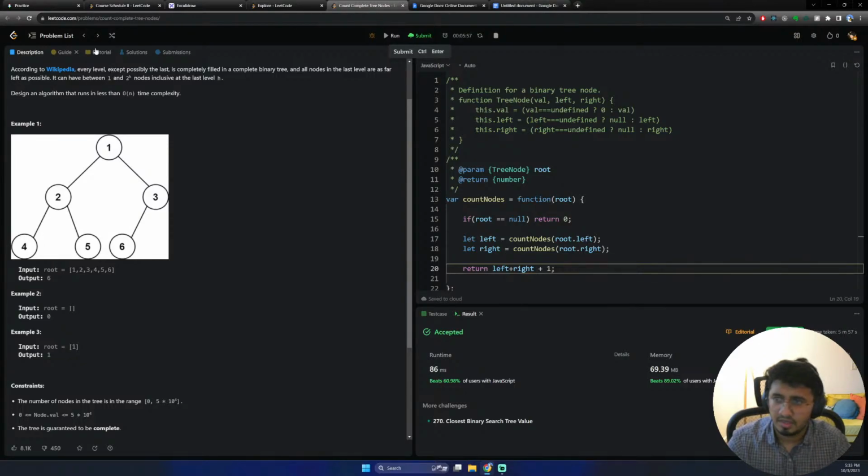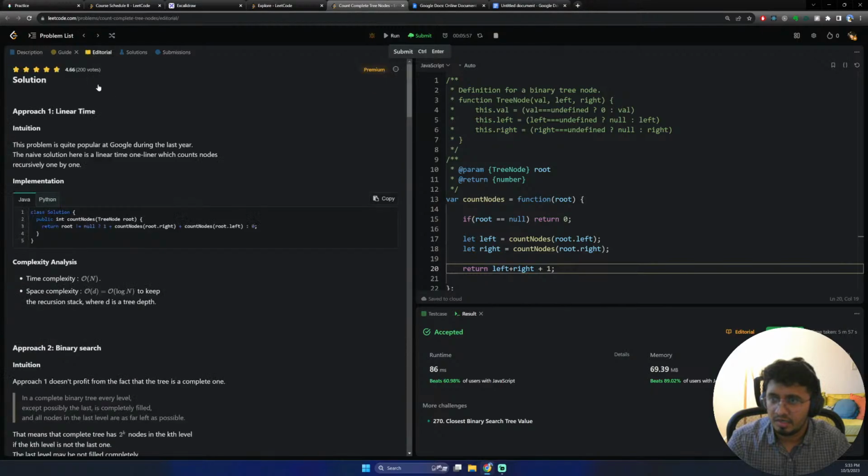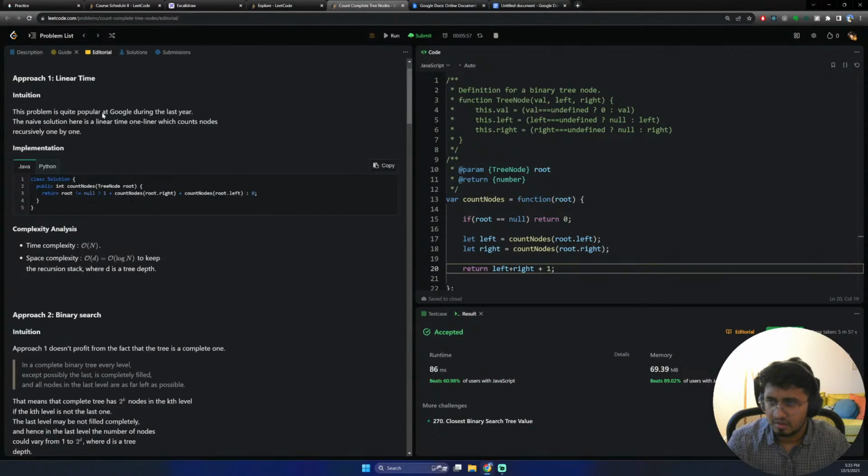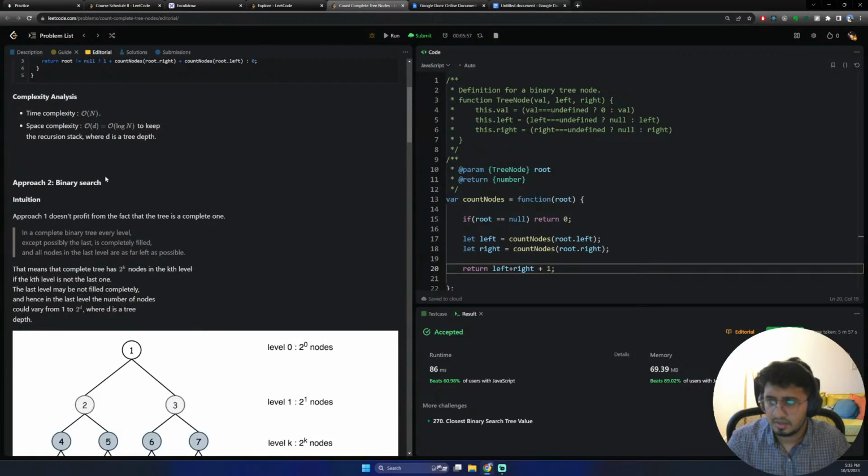I'm not sure how to do that, but if we go to the editorial, linear time, approach 1 doesn't profit from the fact that the tree is a complete one. Okay, the main thing was complete: in a complete binary tree, every level except possibly the last is completely filled, and all nodes in the last level are as far left as possible.